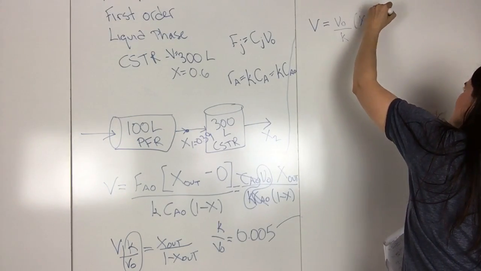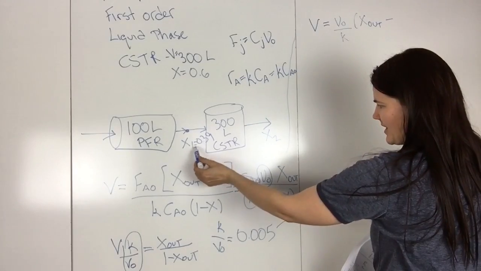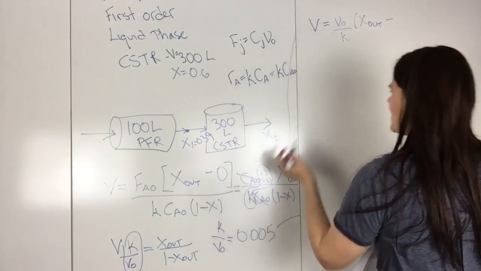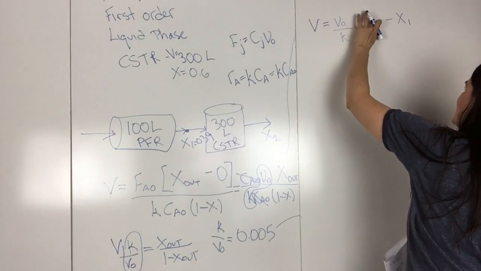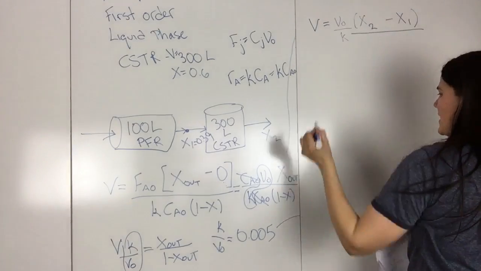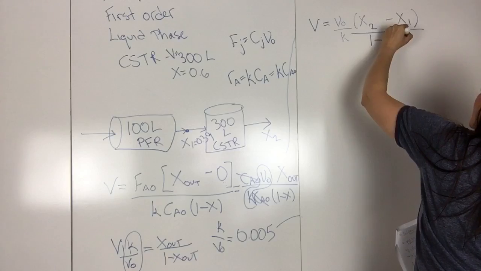x out minus, and in this case this isn't 0 because we already have some conversion from the PFR when it's coming into the CSTR. So in this case that would be x1, and I'm going to change x out to x2, divided by 1 minus x2.